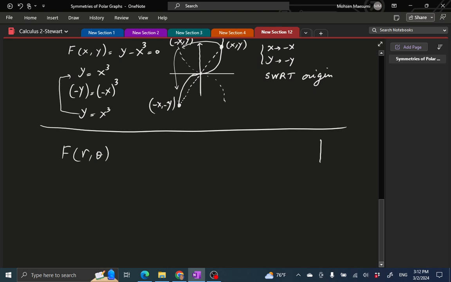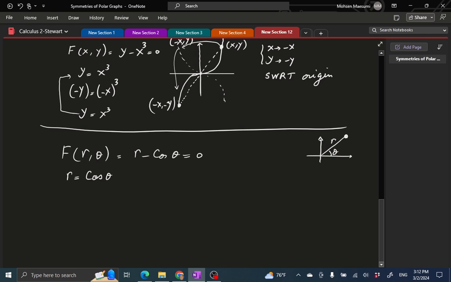You remember, if I have this point, this distance is r and this angle is theta, and I am giving a description of my curve in terms of these two. For example, I might say r minus cosine of theta equal to 0, or you are more commonly familiar with r being given in terms of theta.